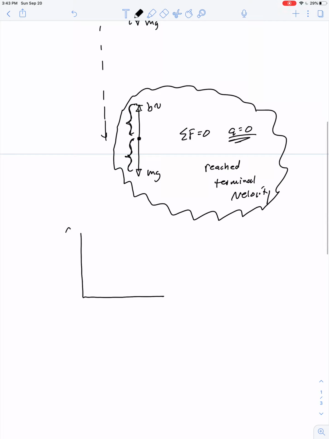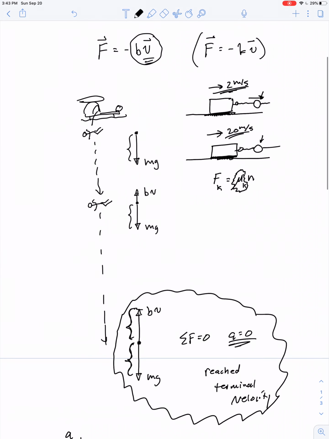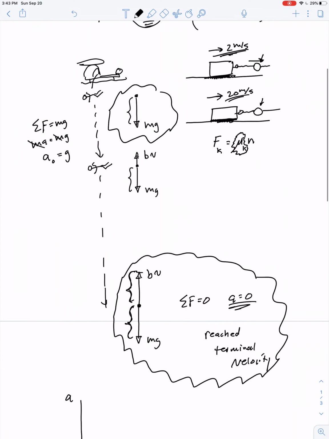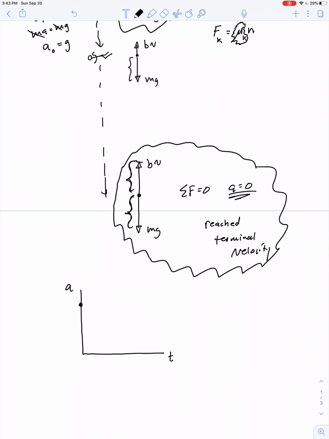So, let's start by making a guess at what the graph of acceleration versus time would look like. Initially, gravity is the only force acting. So if the net force is mg, that means ma is mg. The m cancels out, and the initial acceleration then is equal to 9.8 meters per second squared.